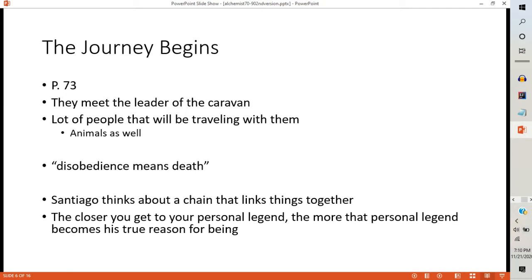And he says, you know, there's a lot of people here. Each one has his own God, but I only follow one God. I follow Allah, so safe to assume that he's Muslim. But I want each of you to swear by the God you believe in that you will follow my orders no matter what. Seems like this is the only rule when you're traveling. Follow the orders of the leader of the caravan, because if you don't, in the desert, disobedience means death.